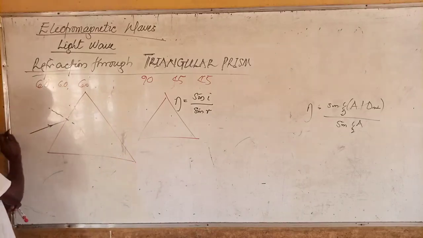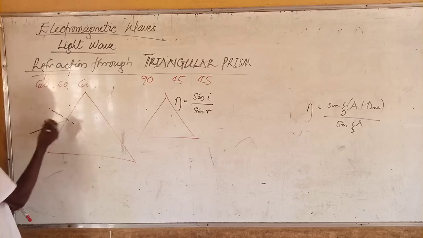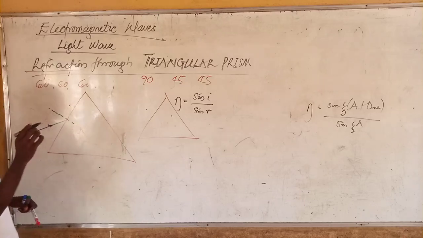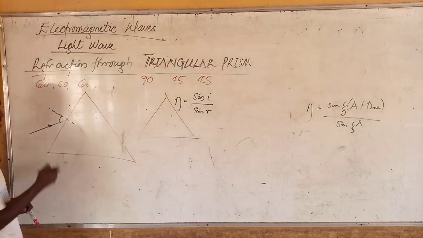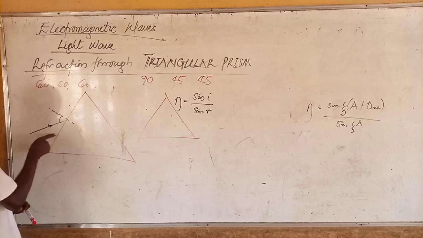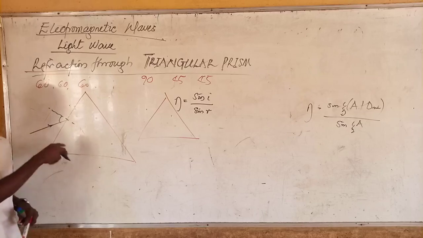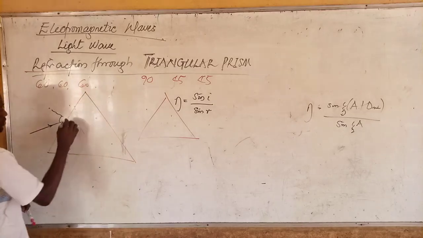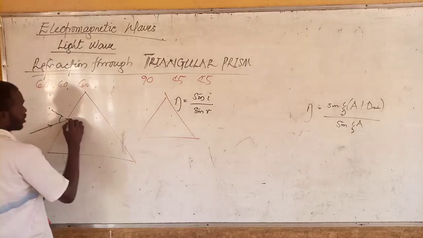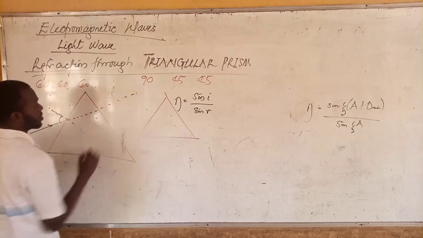Now, when light is incident here, the angle of incidence is read from the normal, not from the plane. Is that okay? It is read from the normal to the incident ray. And you see, this ray is supposed to continue in this direction.